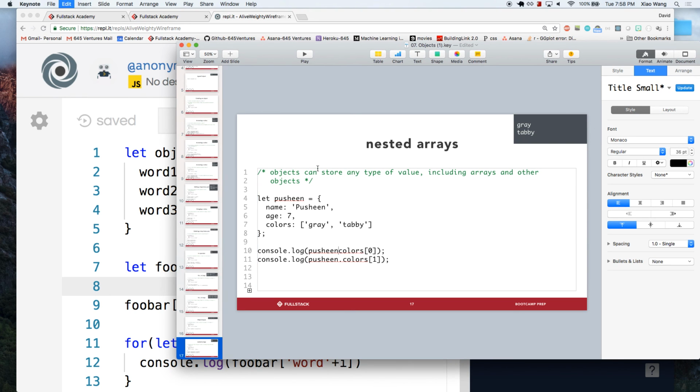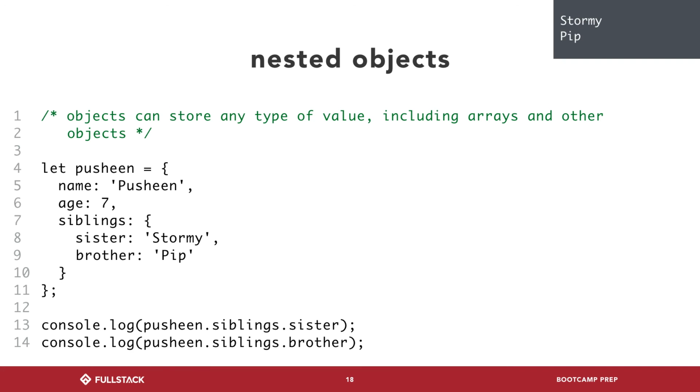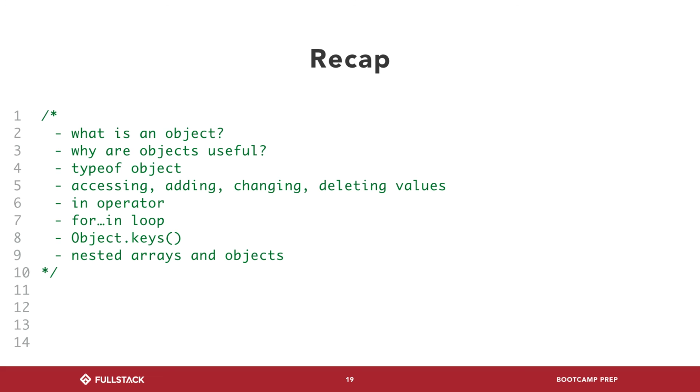Okay. Cool. And I think that's pretty much it. Yep, that was the entire lesson. Any questions? Objects. Hopefully the only new thing here is dot notation and the for in operator, right?